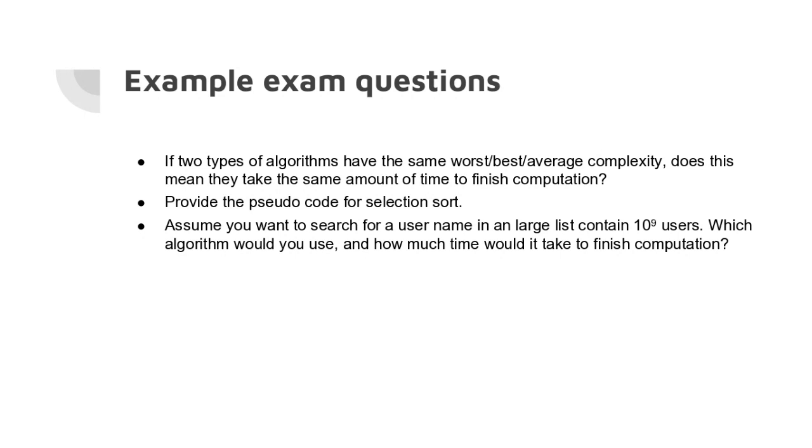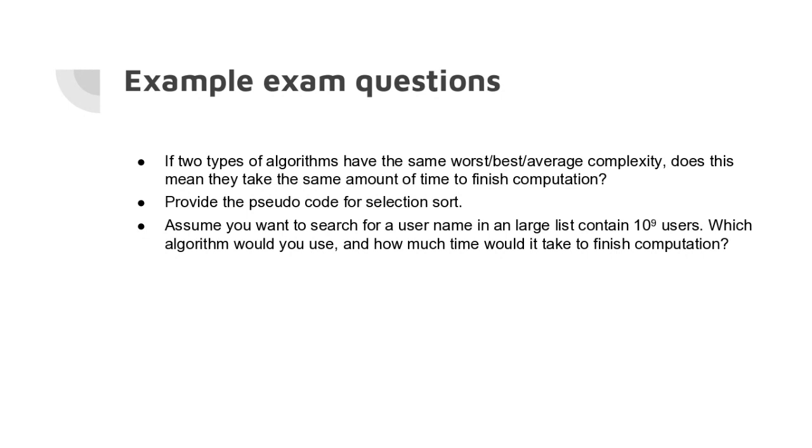What are you going to use? Still waiting. An array list to search. Well, if you use an array list and you want to search in an array, that means you have to go over each user. So you have 1 billion users here, so that's O(n).